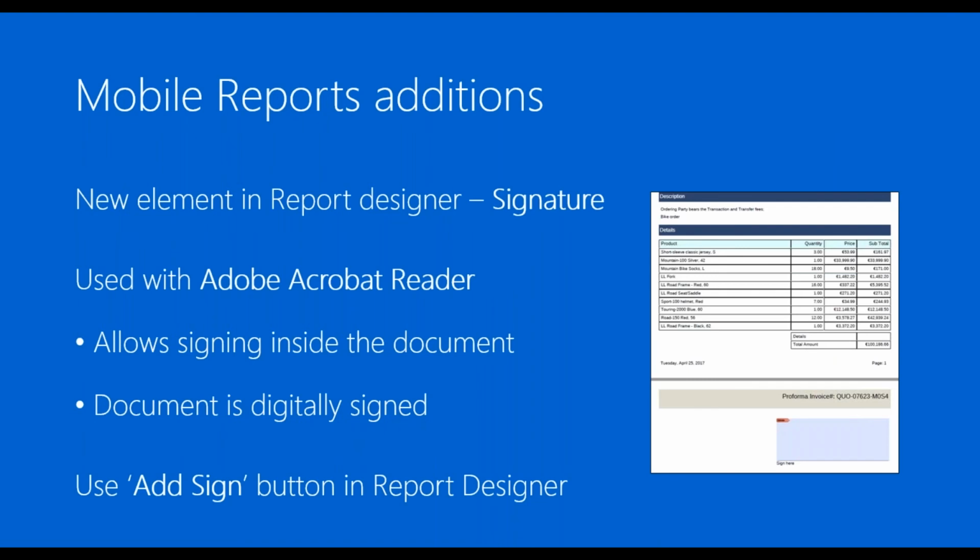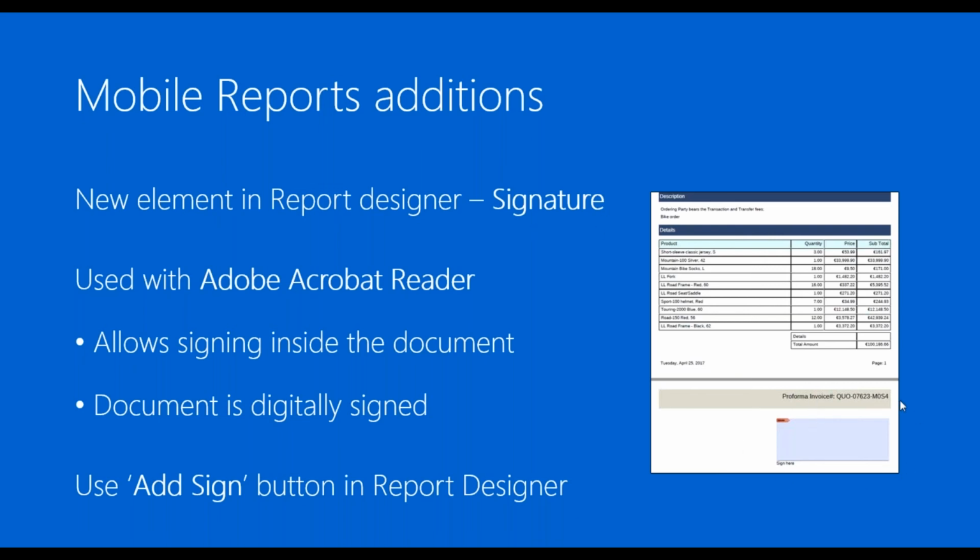The first nice addition to mobile reports is a new element in Report Designer. It's called signature. And I know that there is a way how to put signatures, which I mean notes from mobile CRM, into reports. This is something different, and it only works with PDF because it's a special element used by Adobe Acrobat Reader.